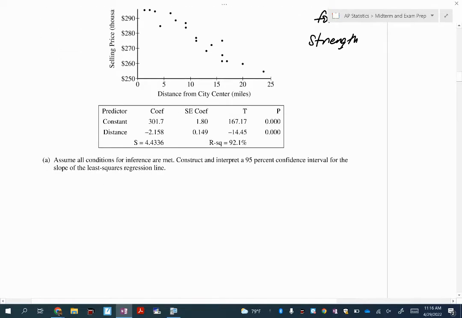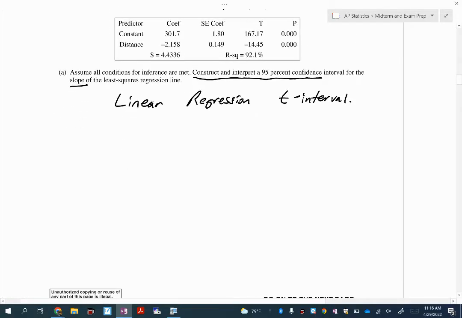Now, it wants us to construct and interpret a 95% confidence interval for the slope of the least squares regression line. So this is called a linear regression T interval. All right, and using our formula from our understanding of confidence intervals, we need our sample statistic, which is our b bar, so our sample slope, plus or minus T star with our degrees of freedom times the standard error of b bar.